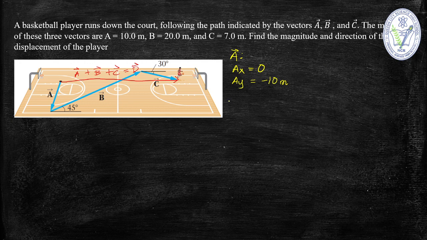Now for vector B, it is angled at 45 degrees.